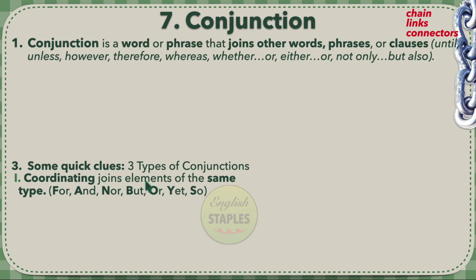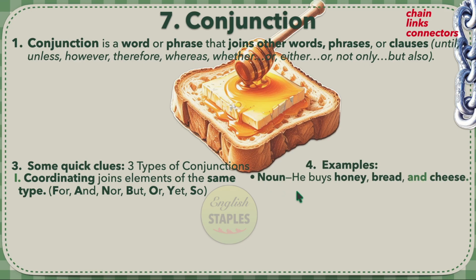Let's explore these elements of the same type. Let's look at this example. He buys honey, bread, and cheese. So this is a list of things that he buys. The conjunction here is and, from this group, and it's joining honey, bread, cheese. They are all nouns. So noun is the element of the same type.